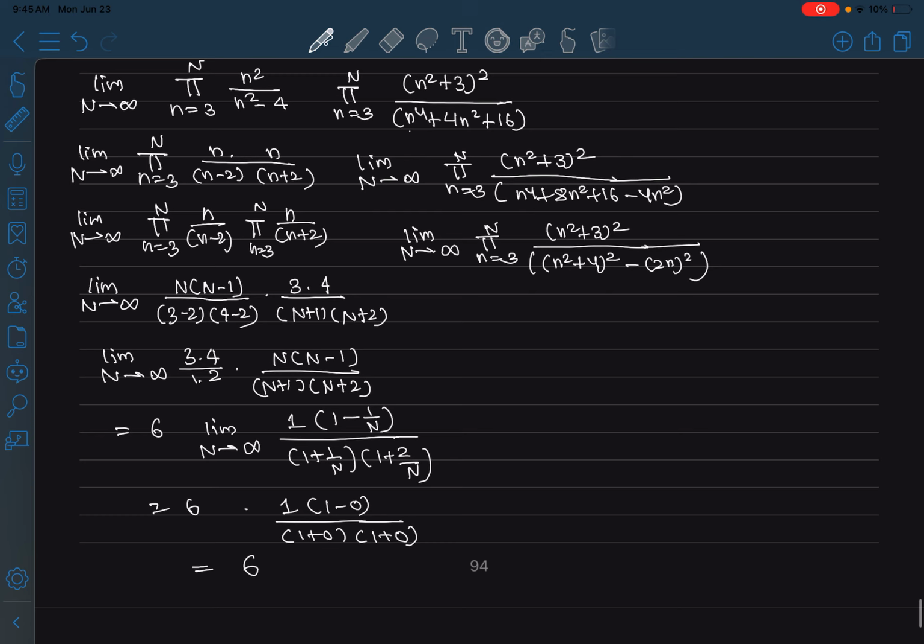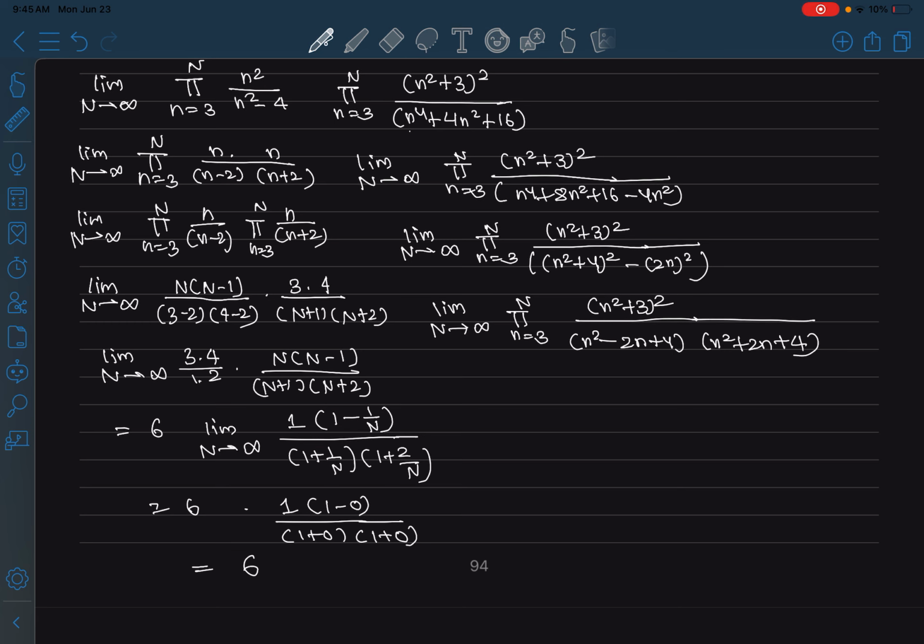And then you can write that as limit n goes to infinity, product from n equals 3 to n of n square plus 3 square by, now this one will be n square minus 2n plus 4, n square plus 2n plus 4.